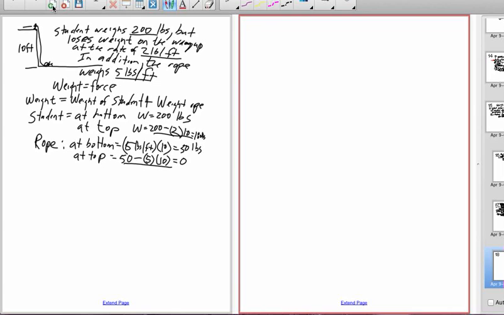So the weight of the student at some height x above the ground is going to be 200, the weight of the student, minus the rate at which we're losing it, which is 2, times the height, which is x.